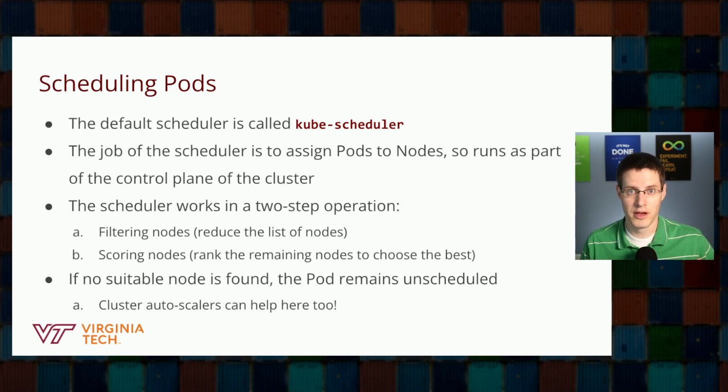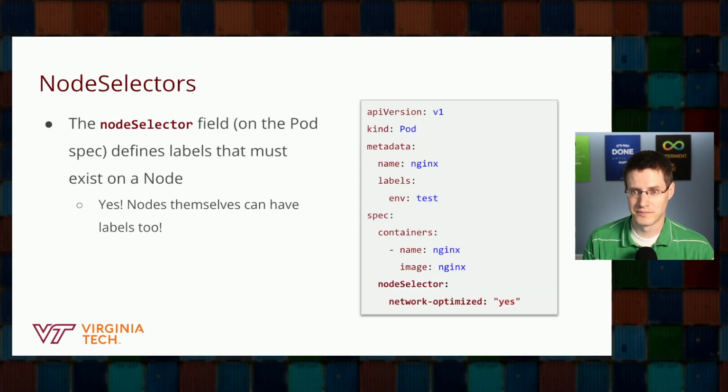For example, here at Virginia Tech in our platform clusters, we have components called cluster autoscalers, so that when we schedule a pod, if it can't be scheduled, maybe because there's not enough capacity on the machines that we have right now, this component can see that unscheduled pod and say, well, cool, let me go to an autoscaling group and spin up another machine so that there is capacity to run that pod. So there's some pretty cool stuff you can do there. Again, we're not going to get into that, but just to let you know that those capabilities are there.